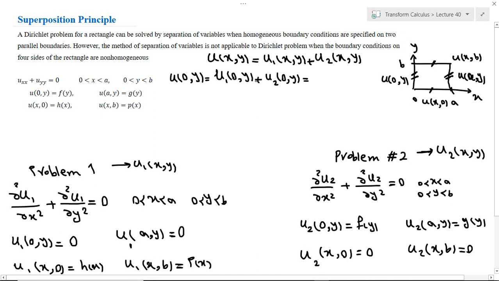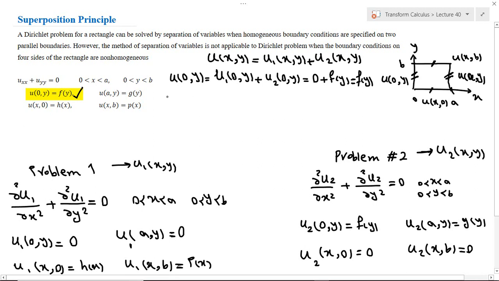Here you can see u1 of 0 and y is equal to 0, and u2 of 0 and y is equal to f of y. So 0 plus f of y is equal to f of y. Now you can see that u of 0 and y is equal to f of y. As a result, this boundary condition is satisfied.